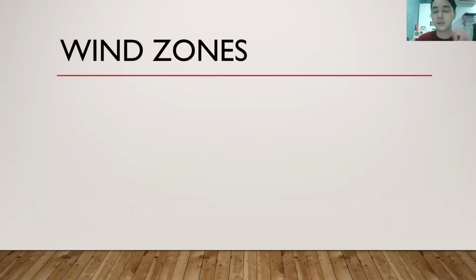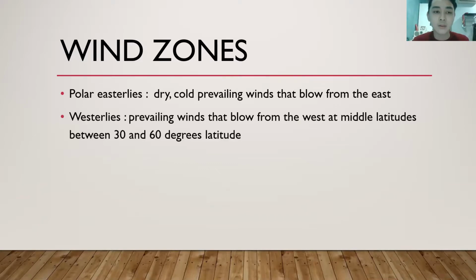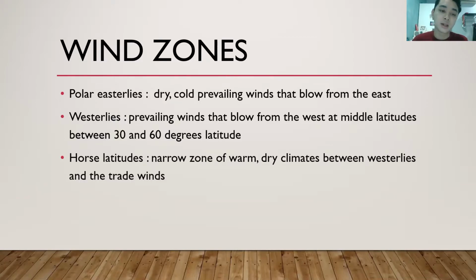Next is wind zones. There are 5 major wind zones around the world. First of all, the polar easterlies are dry, cold, prevailing winds that blow from the east. The second one, westerlies, are prevailing winds that blow from the west at the middle latitudes between 30 and 60 degrees latitude. Horse latitudes are a narrow zone of warm, dry climates between the westerlies and the trade winds.